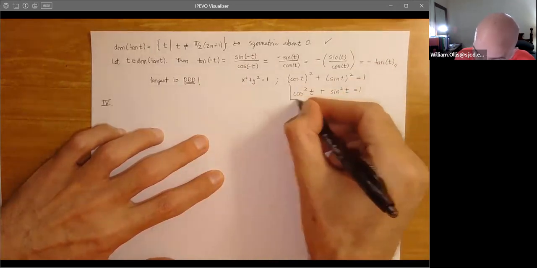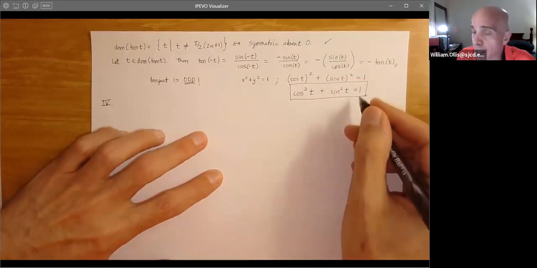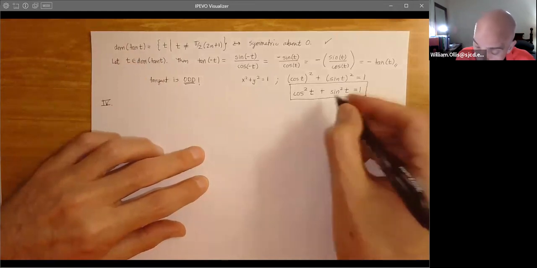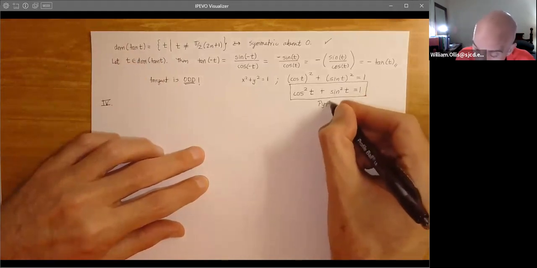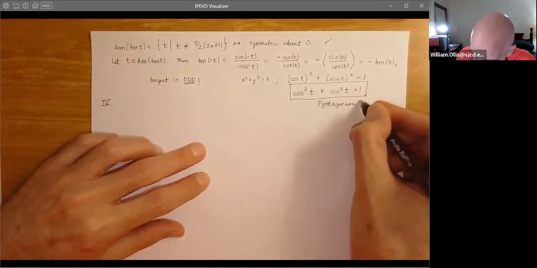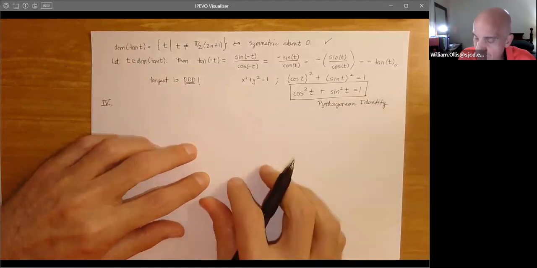This is what we call one of the Pythagorean identities because it's based upon the Pythagorean theorem. You probably thought about that. We say Pythagorean identity. So it's important.